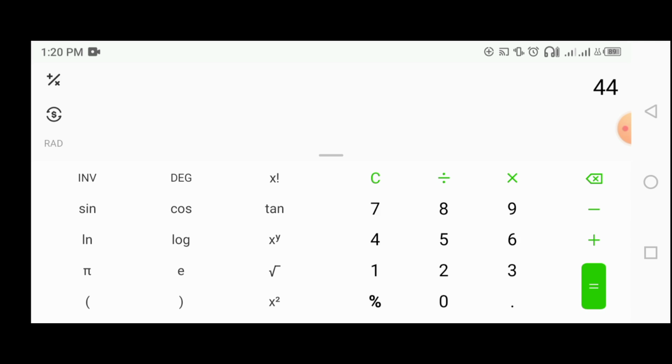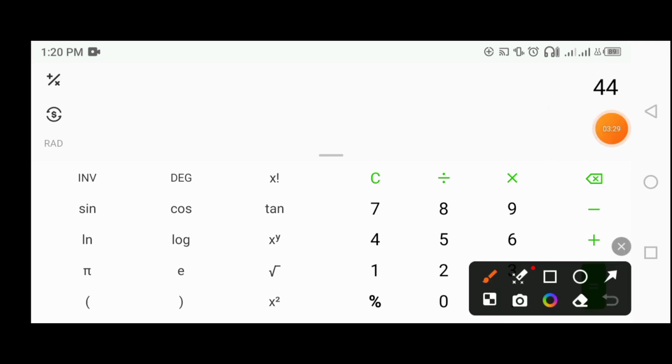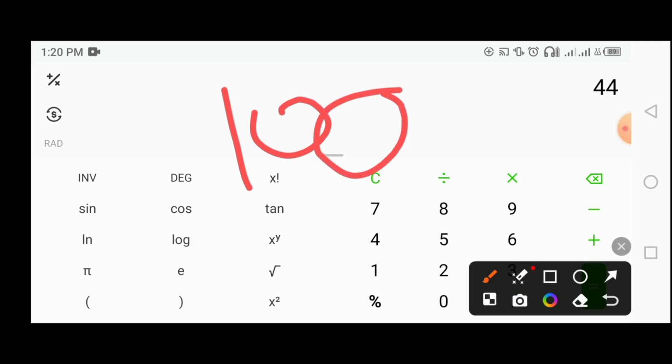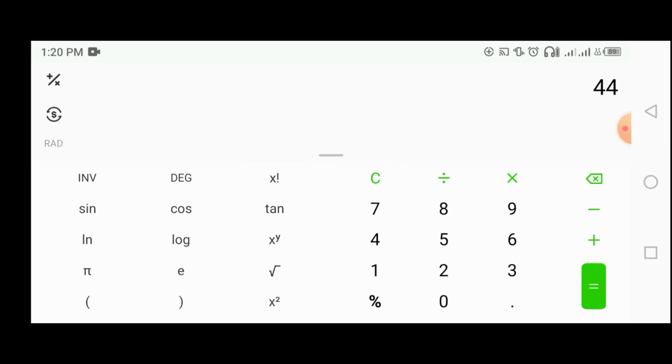Now, what is 44%? Let's even come down to something as small as $100. Assuming the account size of the person is $100, 44% of $100 is actually $44.